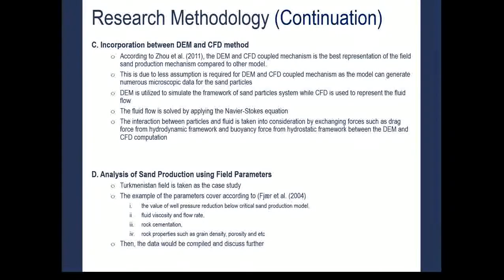And then is the incorporation of the DEM and CFD methods. DEM is utilized to simulate the framework of sand particles, and CFD is utilized to represent the fluid flow.